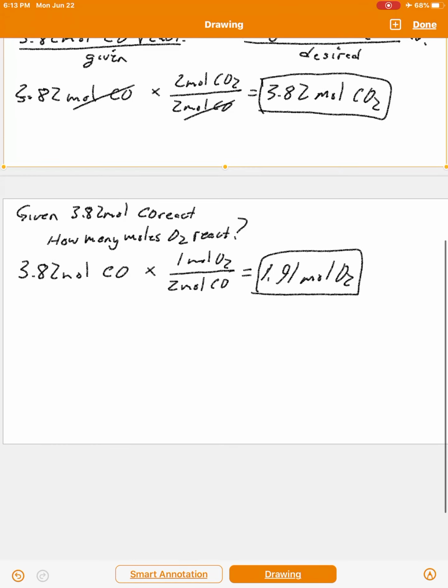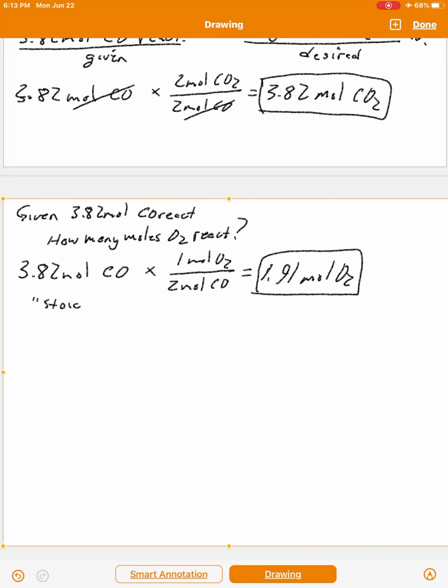Okay? Now I do want to point out one more aspect of these calculations. By the way, these are called stoichiometric amounts.